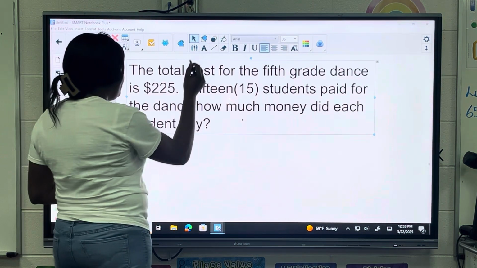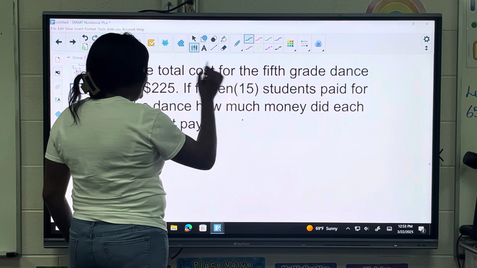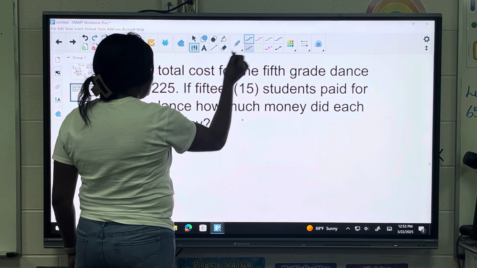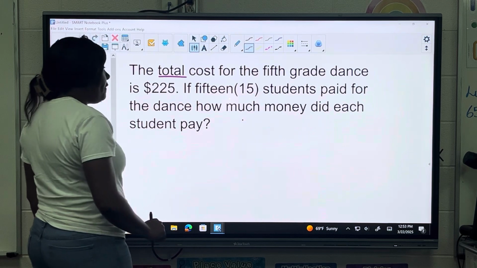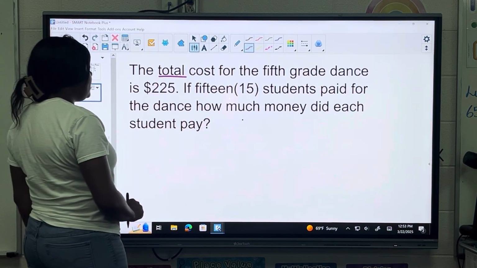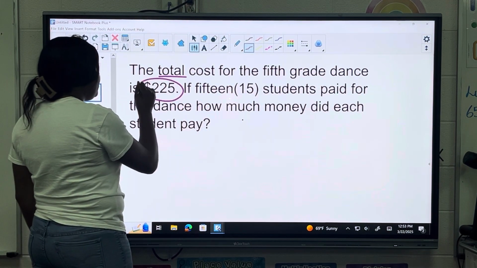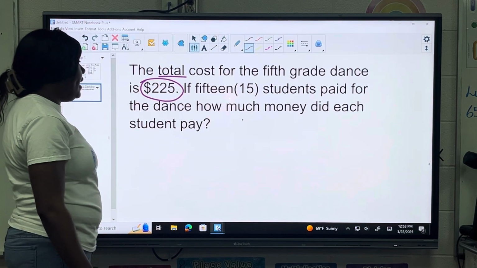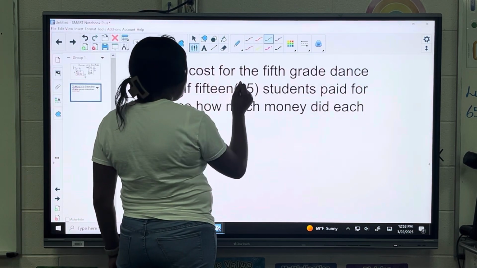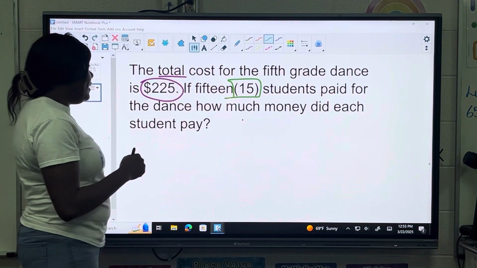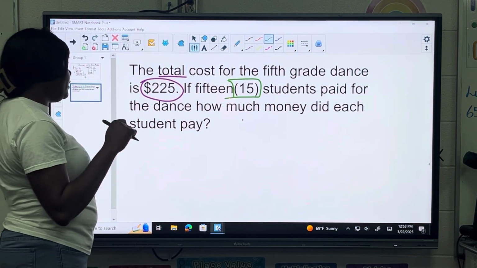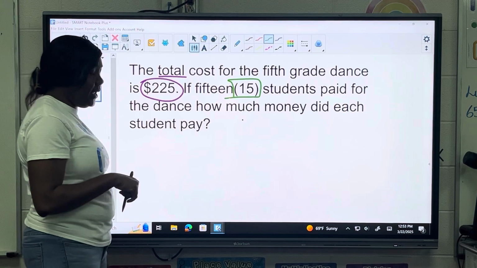So let's take our time, read our word problem, and underline important details. It says the total cost of the 5th grade dance is $225. And then it says there is a total of 15 students. Then it says, how much money did each student pay?